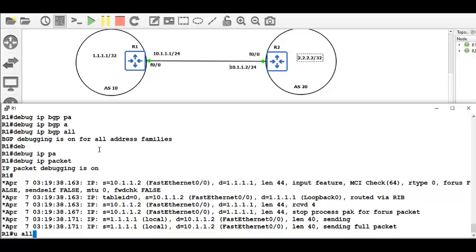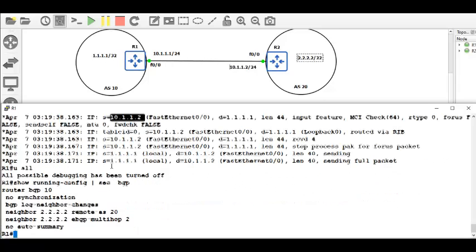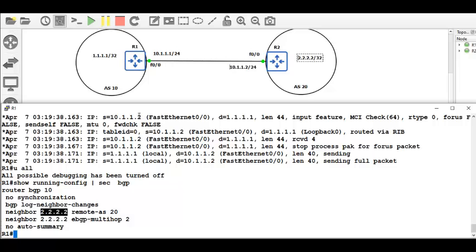From where the packet is coming, 10.1.1.2 to the destination 1.1.1.1. If the packet comes from here, will this source address match with the neighbor statement in this router? No. The neighbor statement says the source address should be 2.2.2.2. But here it says the source address is 10.1.1.2. The exit interface of router 2 is what is used here to send the packet.